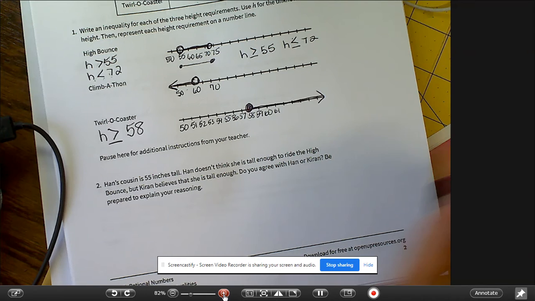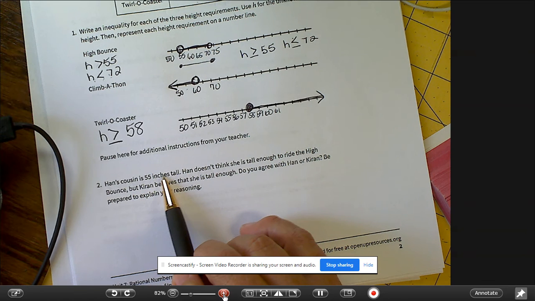Okay, number 2. I'm sorry, number 2. Line point to number 2.